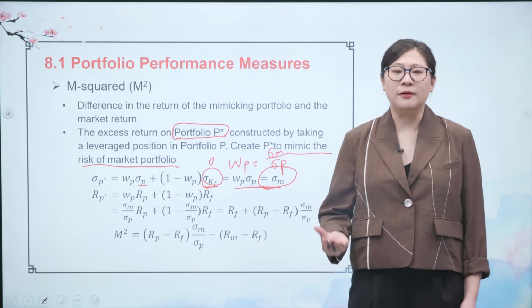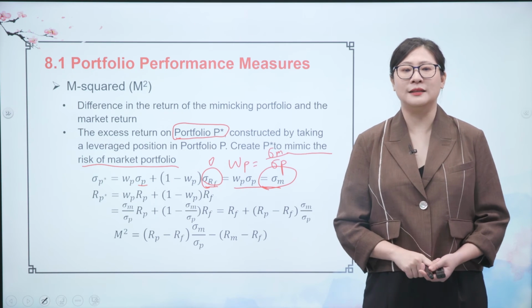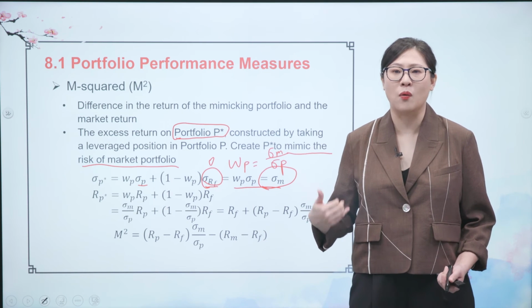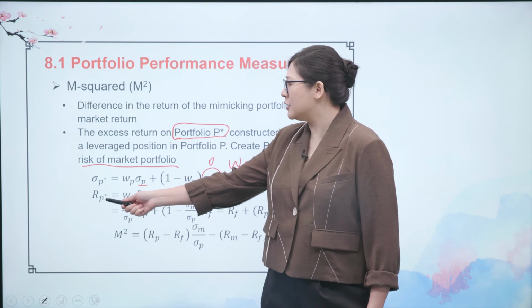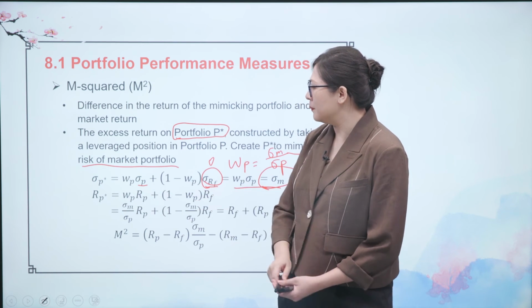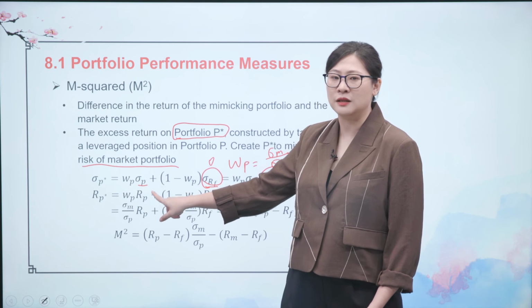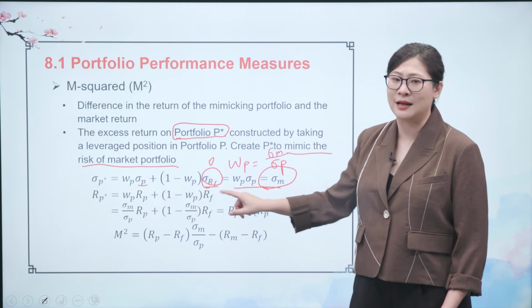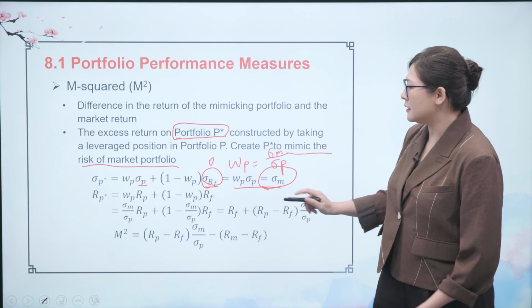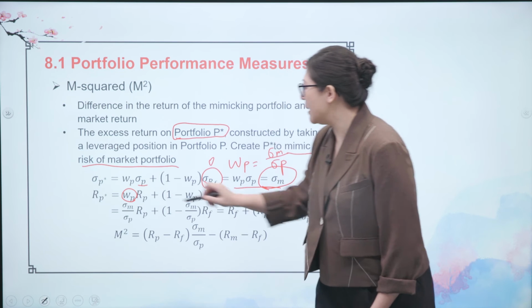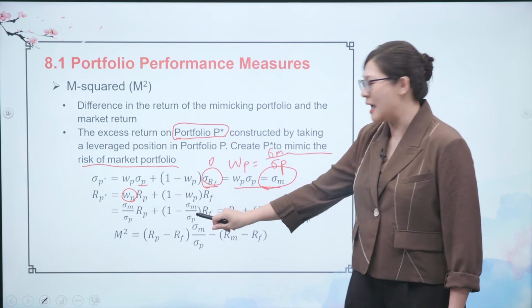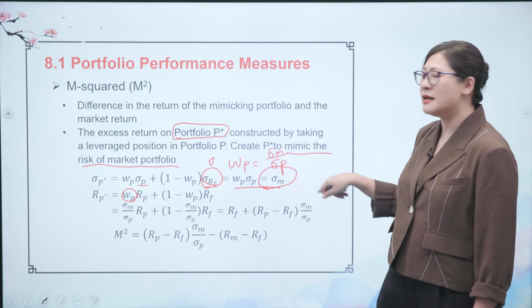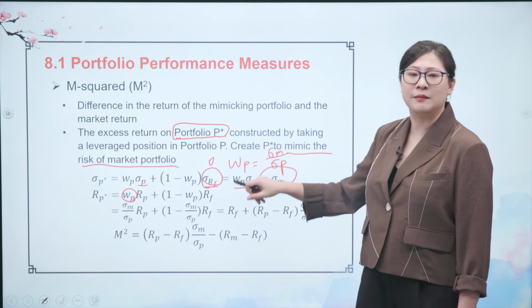If we know this information, let's have a look at what happens to our portfolio return. The portfolio return should equal WP percent in RP and the rest in RF. For this WP, we just use this equation to substitute. We have the following equation, and then we summarize it together.